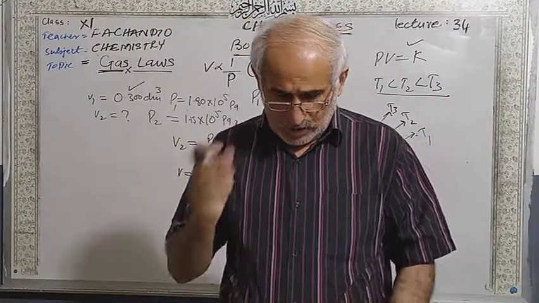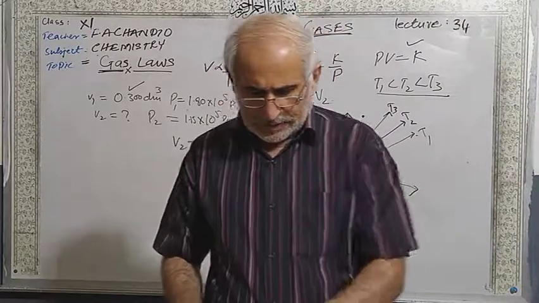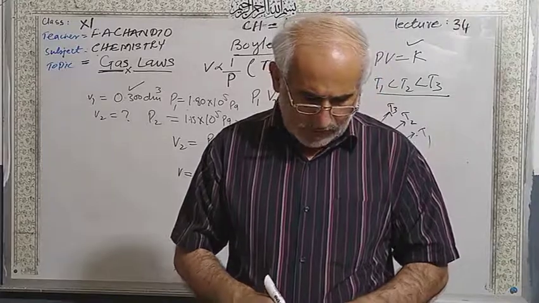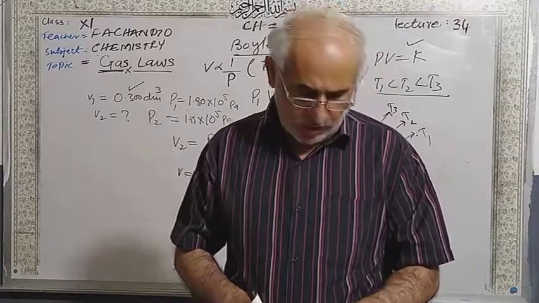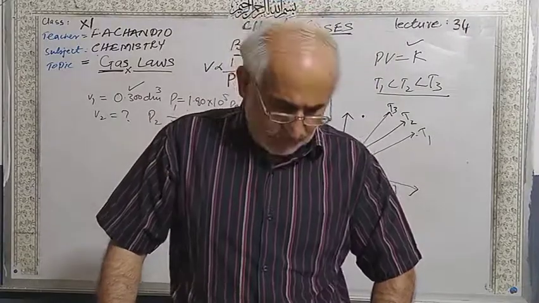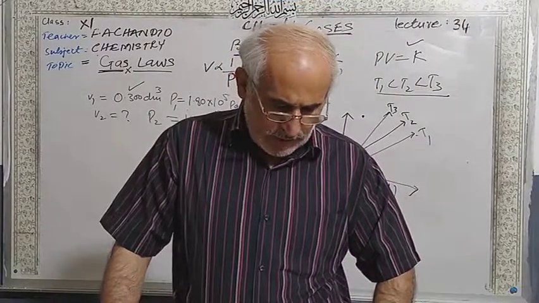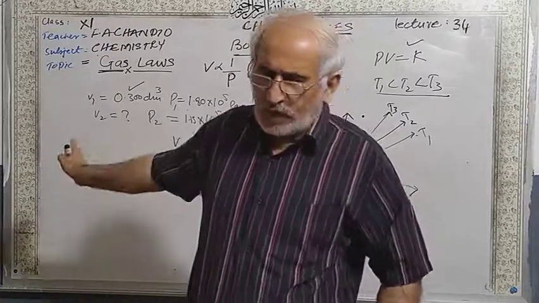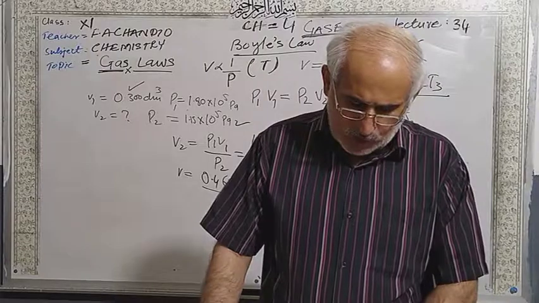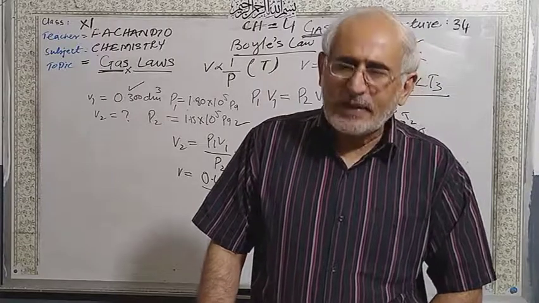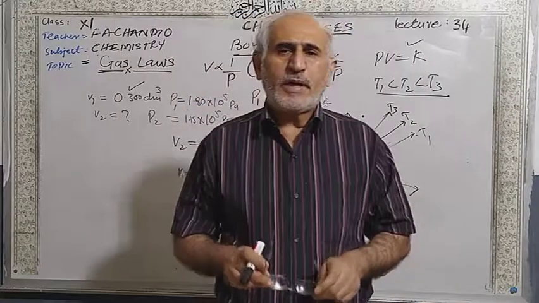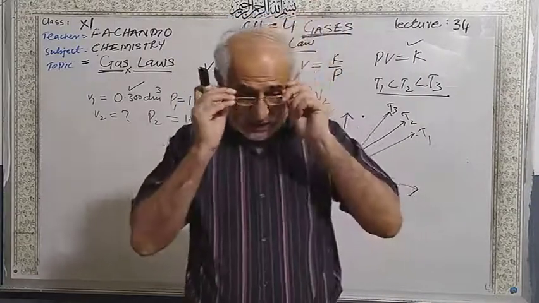So you have to solve other numericals like this by using this formula. Again, an activity for the students: volume V1 is given, pressure P1 is given, same question, what is volume V2? When the pressure is reduced from 770 to 750, the volume of the gas will increase.